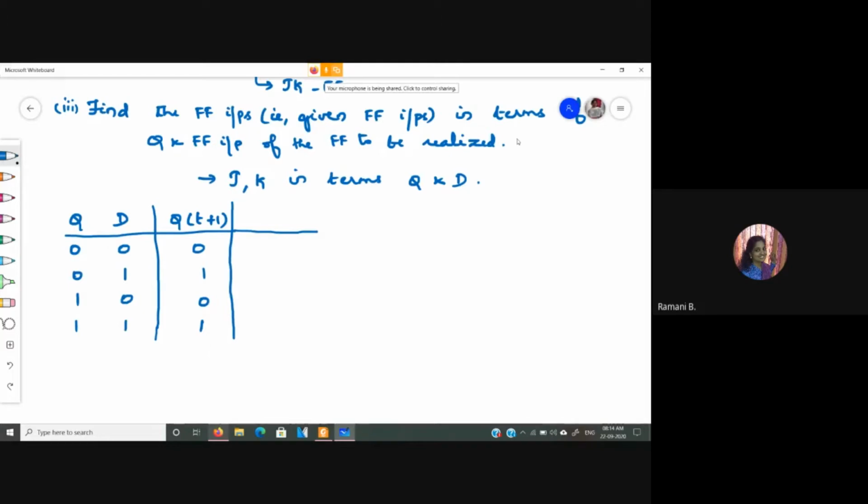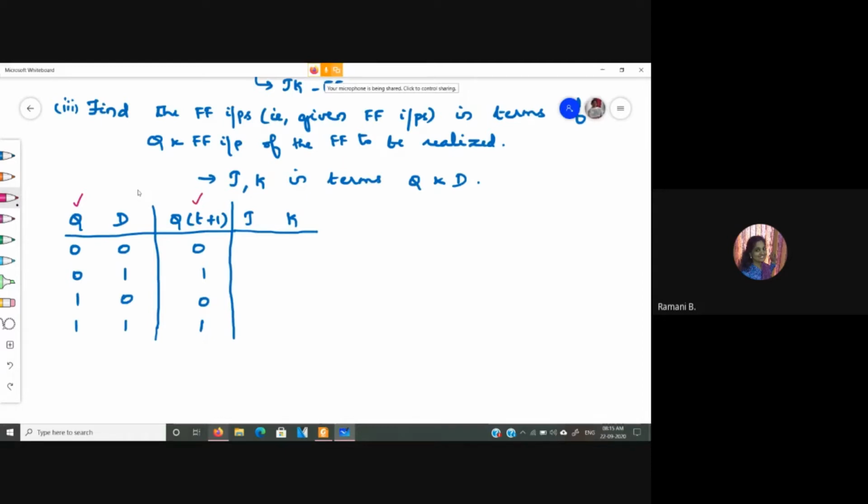Now we need to write the characteristic table of JK flip-flop. So here, this is our present state Q and this is our next state Q of T plus 1.